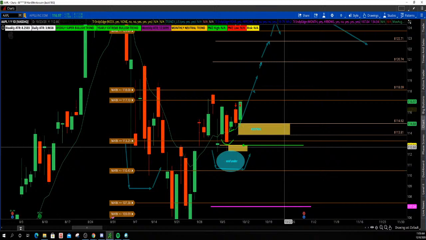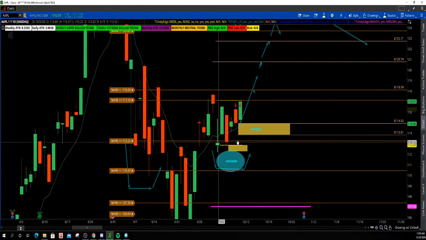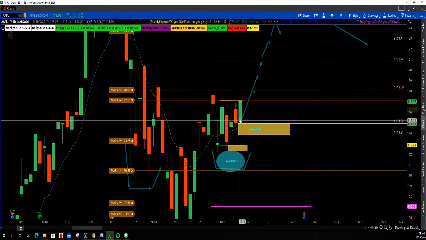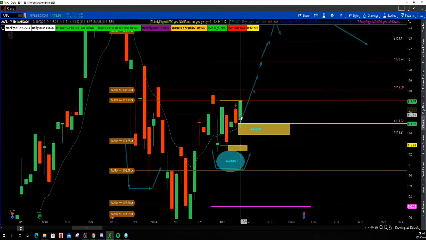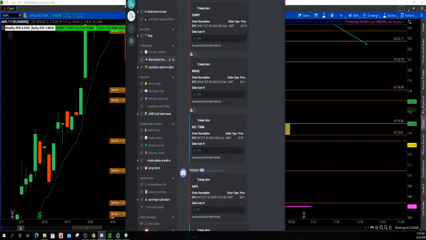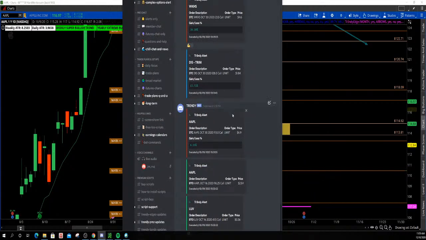Now I am recording this in a larger font, and hopefully everybody can see it a little bit better. But you can see that the levels worked very well. This was our strategy from Friday. Mine was I bought in the money pretty deep, and then I closed, and then I rolled into spreads. All of that is captured here in my live alerts.